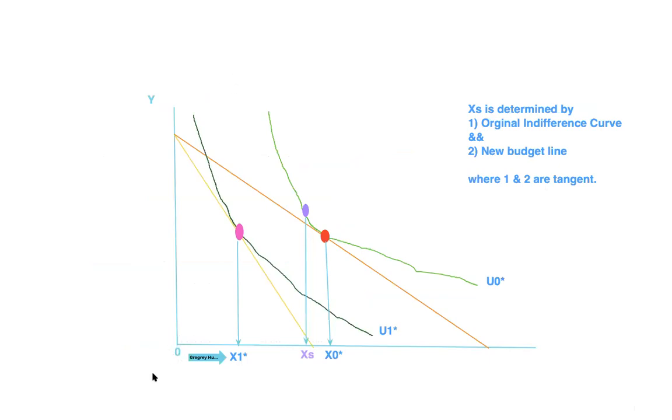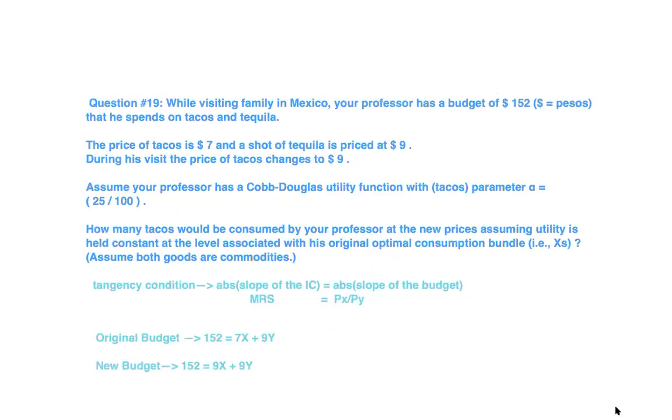Okay, well, I'll just ask you. This isn't the whole answer, but who am I talking to right now? Sonica? Okay, Sonica, if tacos were $7 a piece, would you buy more or less than if they were 9?